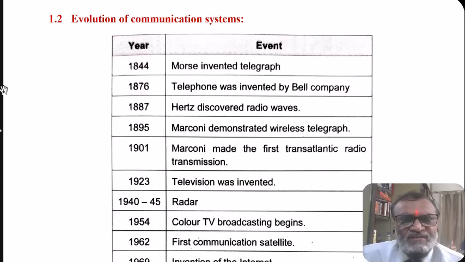The electronics were used from the historical age of 1844 to the current age of technology. In 1844, Morse invented the telegraph system, whereas the telephone was invented by Bell Laboratories in 1976.